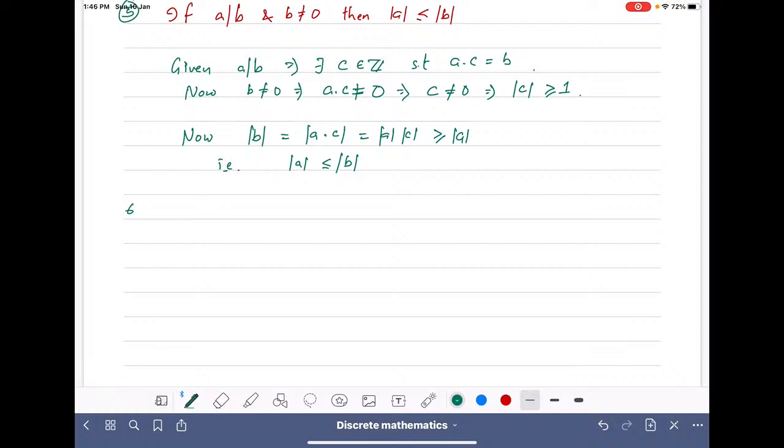Next result is, this is also something we know: if A divides B and A divides C, then A divides the linear combination Bx plus Cy, where x and y are arbitrary integers.